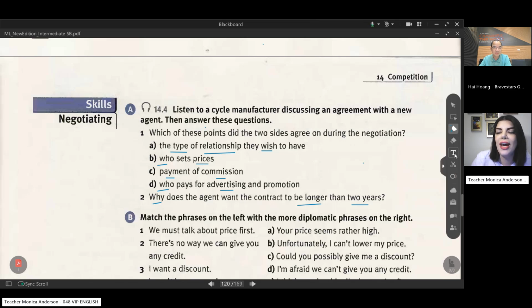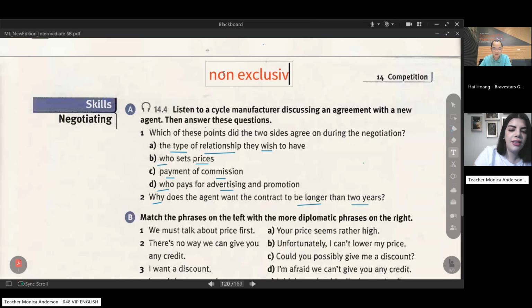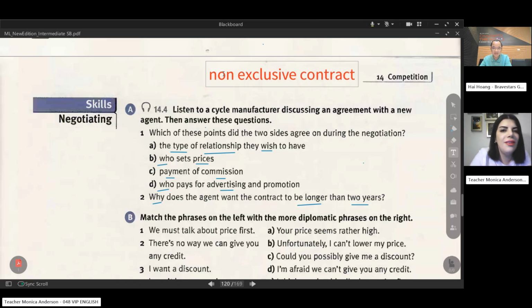You heard this one. Non-limited, we can say. So they agree. It is equal to an unlimited contract. Of course, yes, not limited.